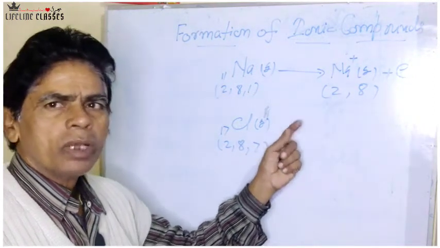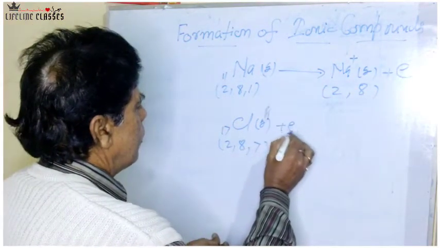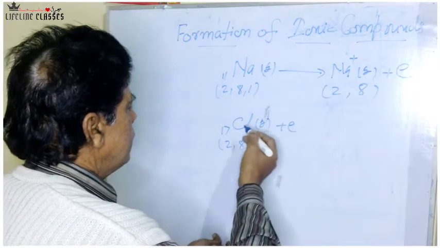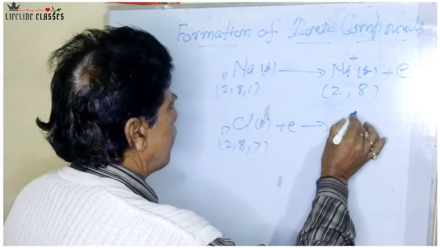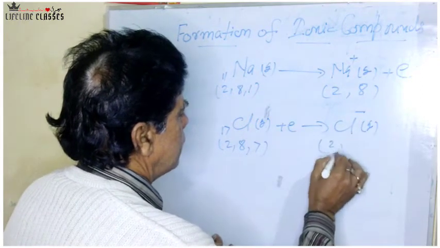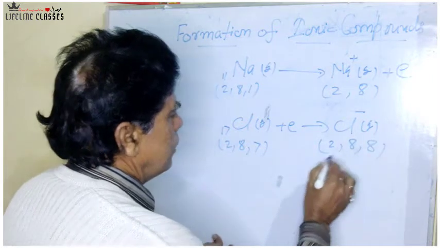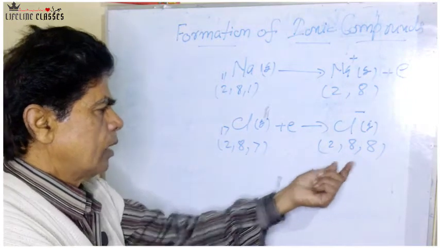The chlorine atom gets converted into chloride ion. So, see here, the electron given by sodium can be taken up by the chlorine atom to form the Cl- gaseous ion, and here its electronic configuration is 2, 8, 8. This is the electronic configuration of argon.